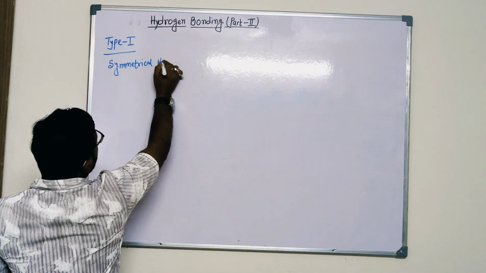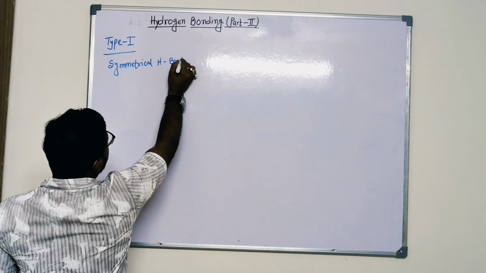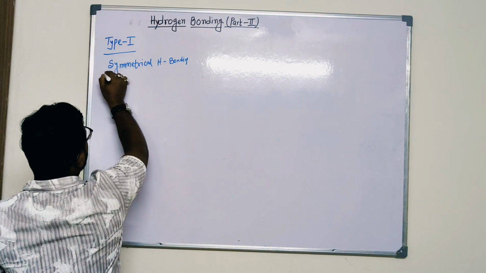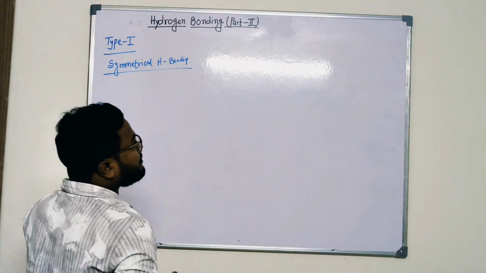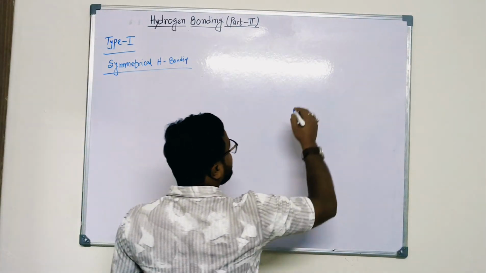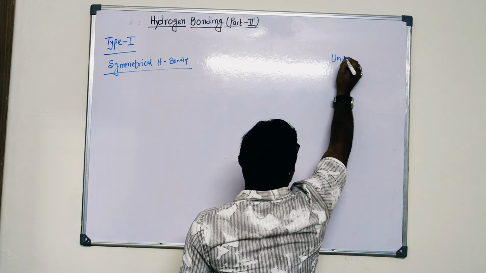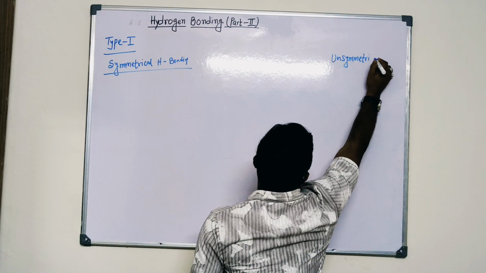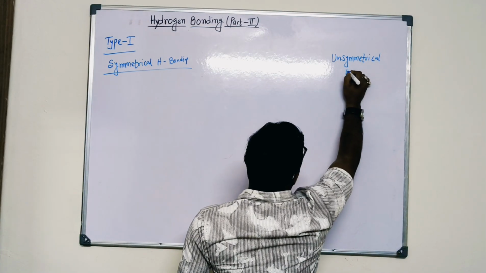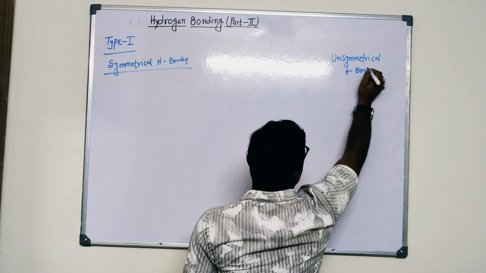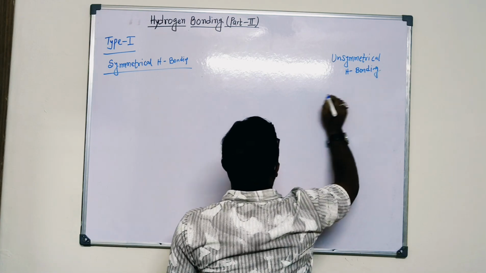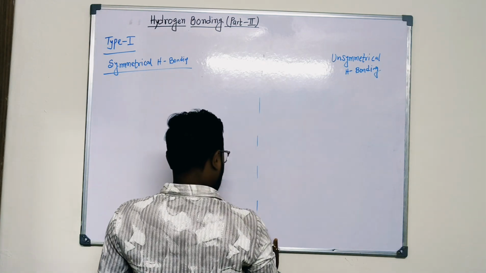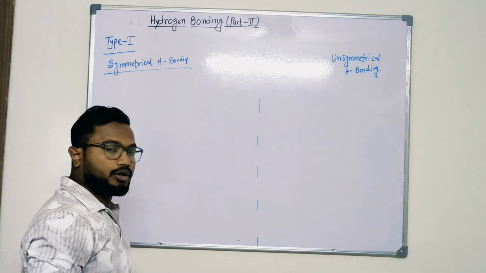We'll discuss that elaborately. After that we will discuss unsymmetrical hydrogen bonding. Here we will do a comparative study between both. Two types of hydrogen bonding we are going to discuss.